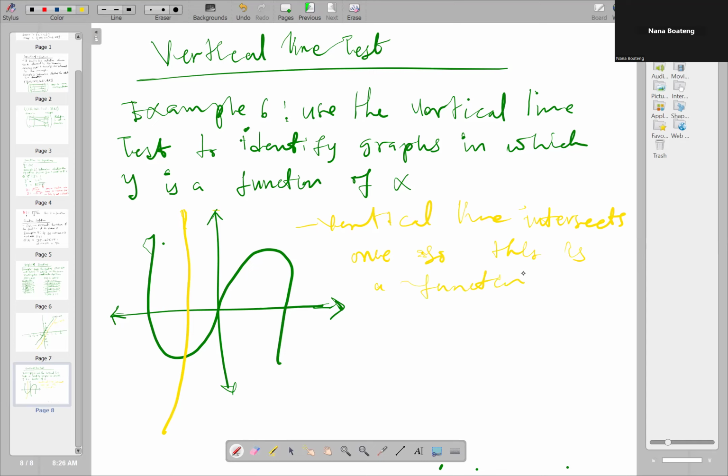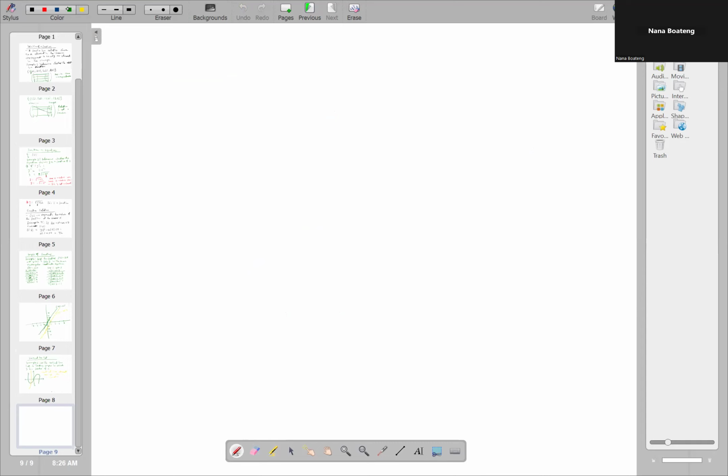All right, so let's look at another one. You have a graph that looks like this circle here.